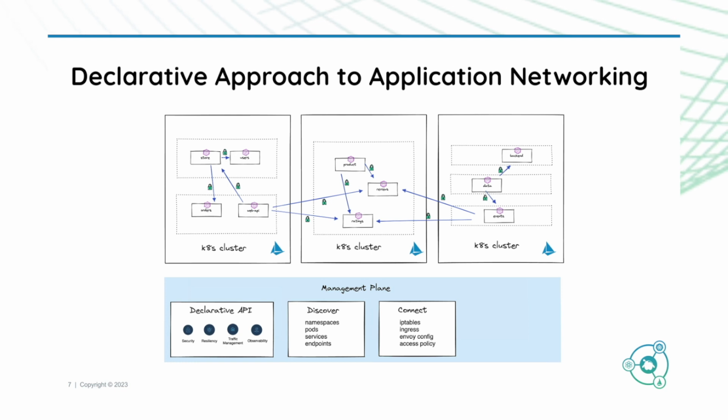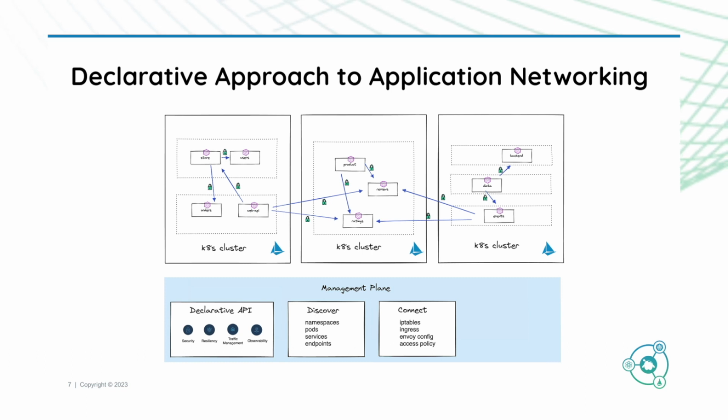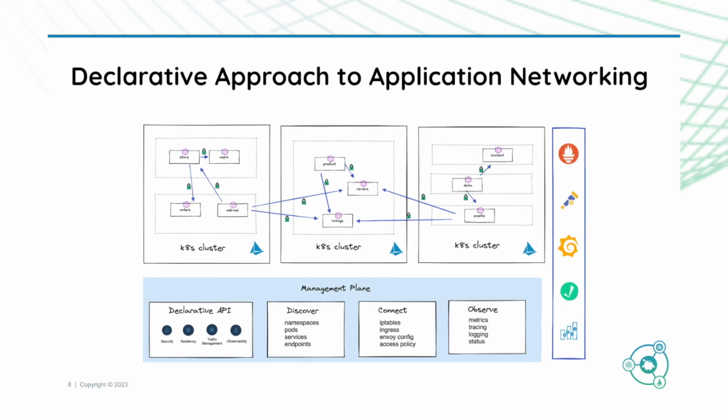So that's like configuring IP tables for routing traffic, configuring ingress into your cluster, programming Envoy and the low-level config in Envoy itself, and things like access policies for security between services. And then finally, configuring the observability stack.